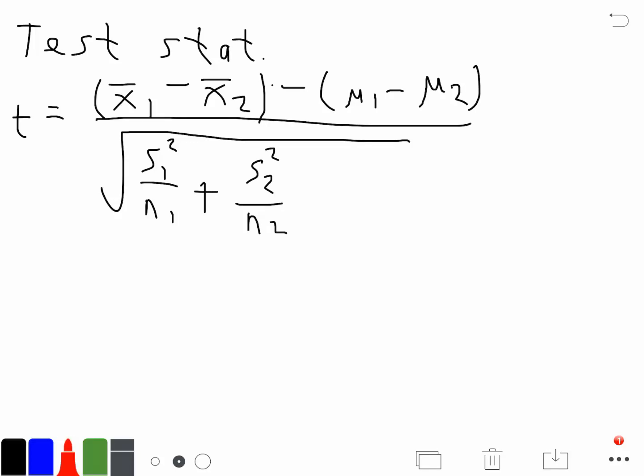Now, to use this, we're going to need to find x sub 1 bar, x sub 2 bar, and all these values. You can use your calculator to get these values.